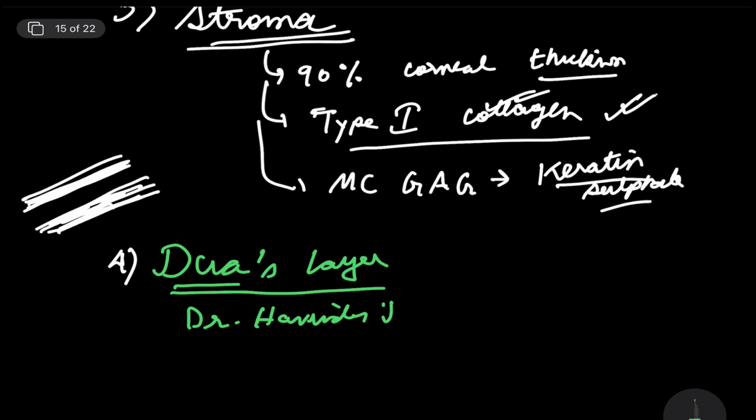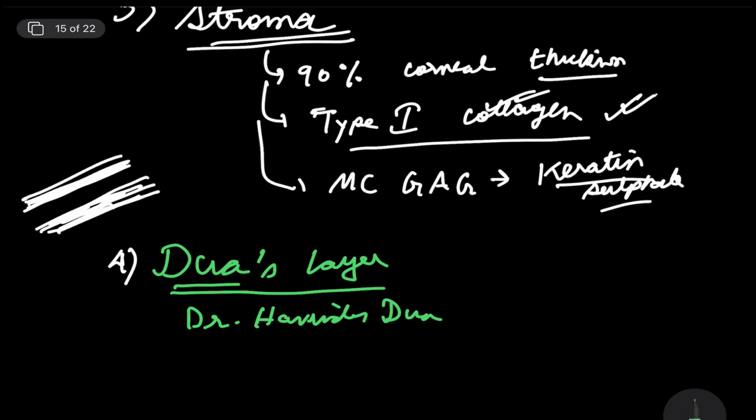He is the one who first discovered this layer, and what he found out was, even when the cornea was undergoing some form of trauma, or when there had been some form of superficial trauma, some layer within the cornea was resistant enough to not be damaged that much by that trauma.